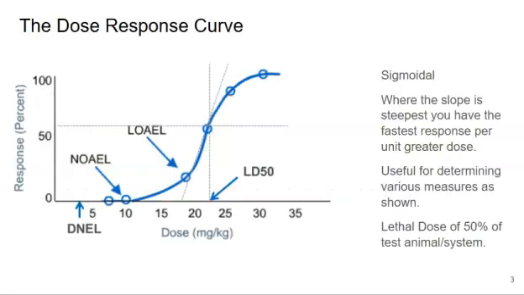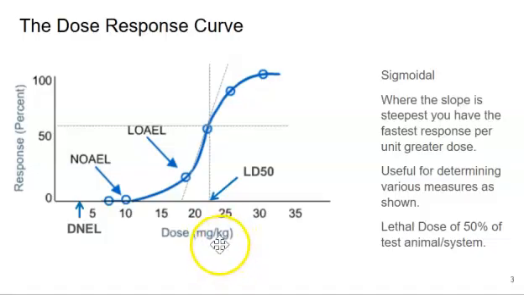So we've looked at this before, and it's also in your reading. This is a dose-response curve. The dose is the amount of a particular chemical that has actually been absorbed in this case by the human or the test animal. And so there'll be some amount of chemical measured in milligrams divided by the individual's body weight in kilograms.